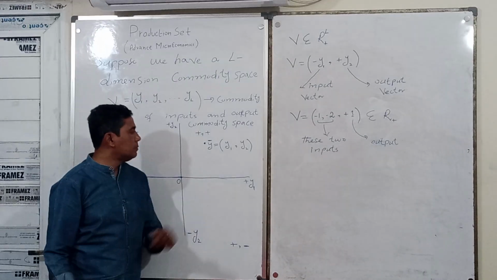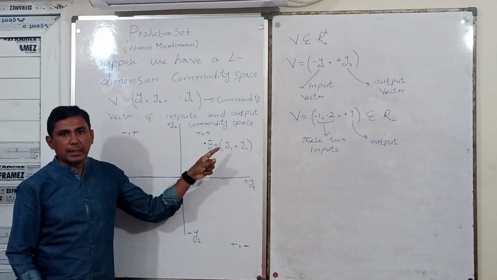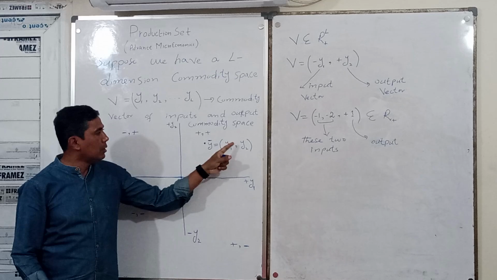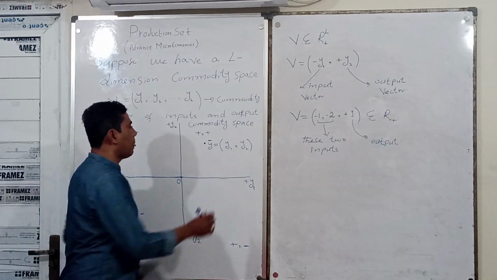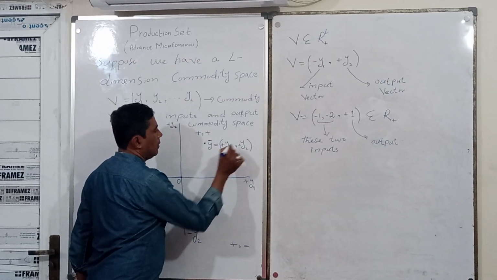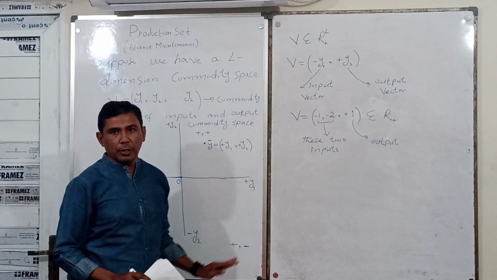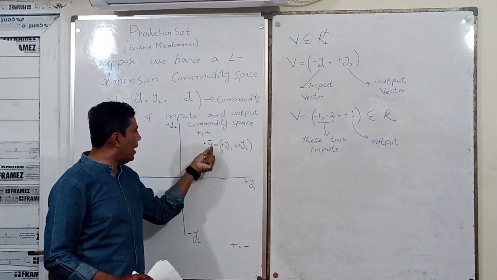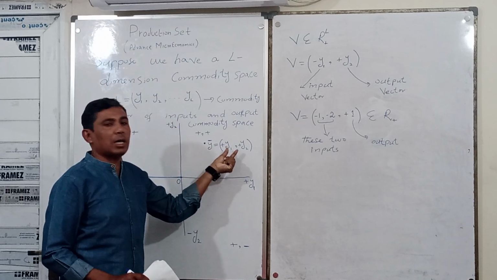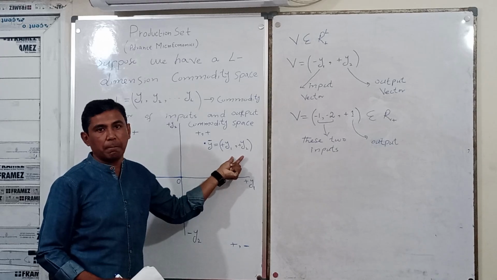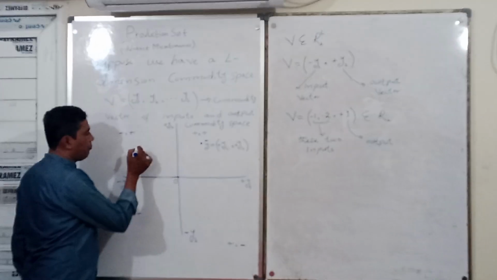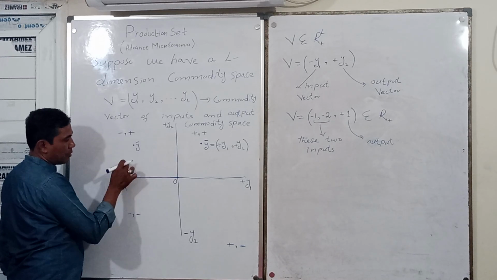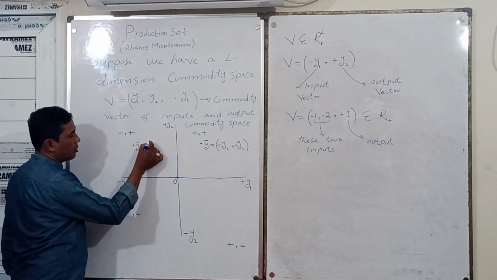Because both are positive, y1 is marked positive and y2 is marked positive. So by this definition of input and output vector, in this y bar both are outputs, there is no input.